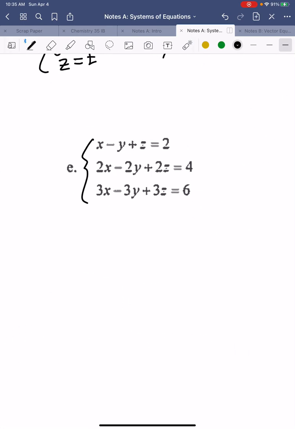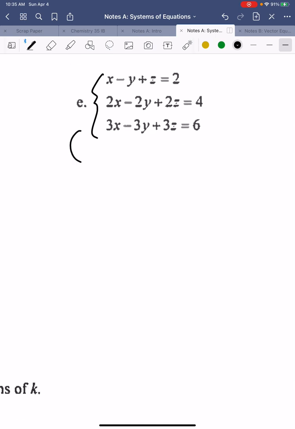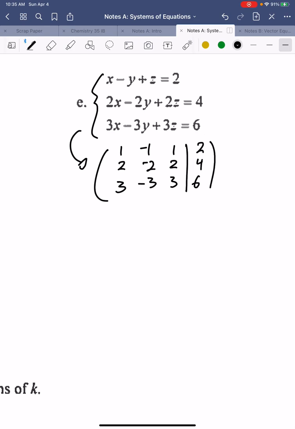So next thing, convert to matrix, sorry, not equation. 1, 2, 3, -1, -2, -3. Then we have 1, 2, 3, 2, 4, 6. Now, what do you notice about all these equations?